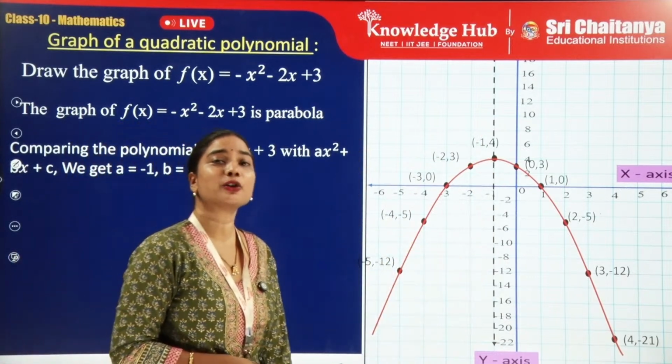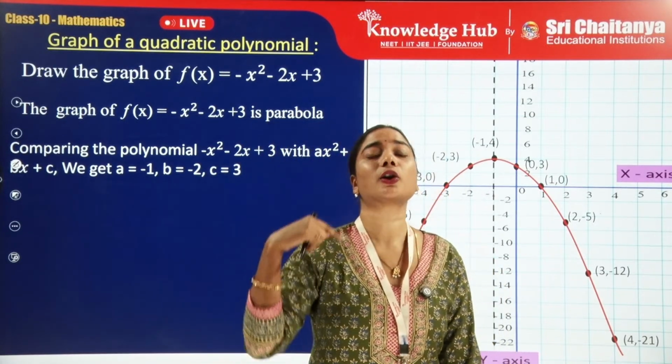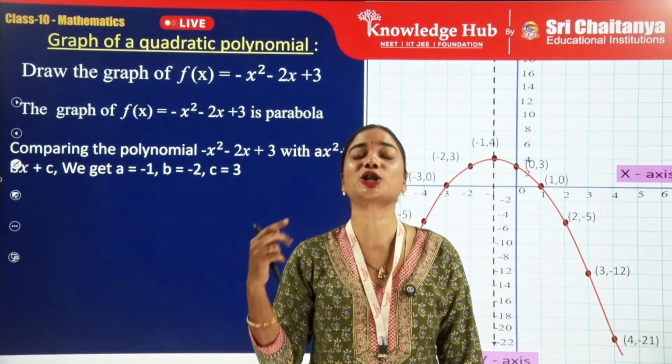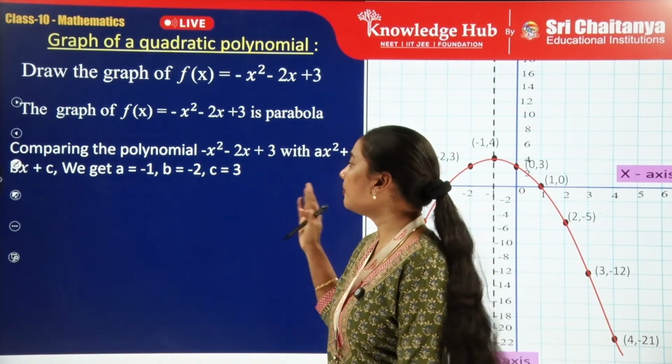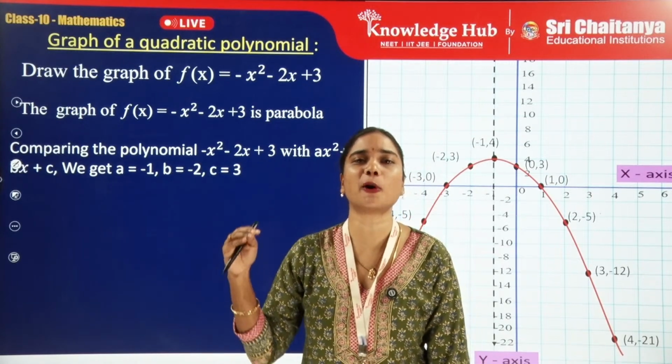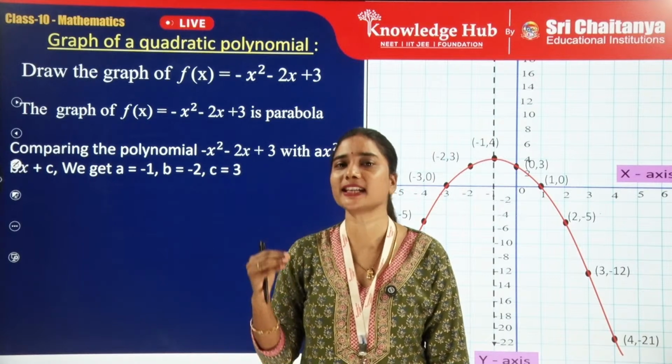And again we have to cross check one more condition, why the parabola is crossing the x-axis at 2 points. For that, first compare the given polynomial with the general form of a quadratic polynomial, ax square plus bx plus c.